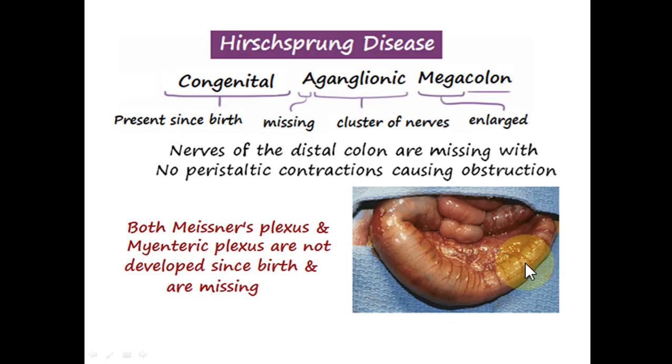So in this picture you can see that there is obstruction in the rectum because of the absence of the Auerbach plexus and Meissner plexus. So there are no peristaltic contractions. The food cannot be pushed forward, and as a result, the fecal matter and the food will accumulate here and will distend the colon, the sigmoid colon.